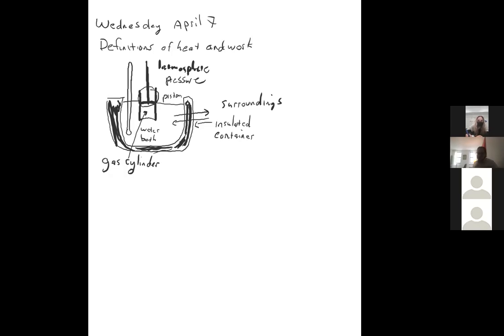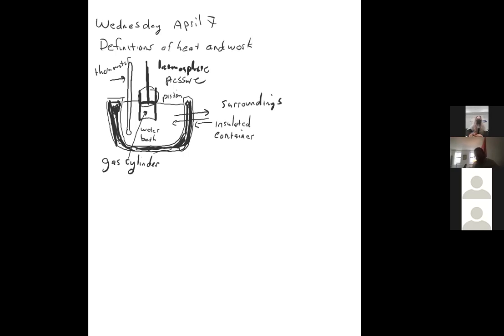So there's many parts of this device, right? It's not a simple device. It has a piston, it has a cylinder. This is a thermometer over here. Okay, it's for measuring temperature. You then have a water bath there, and then there's an insulated container to slow down the transfer of heat.